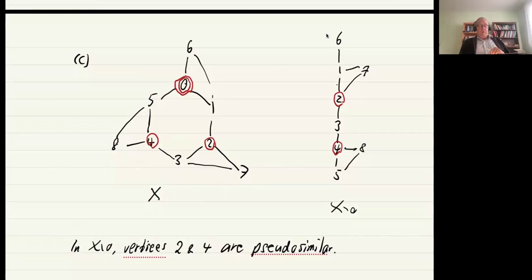Now, I think I've drawn it wrong on the right. So let me have another attempt. So deleted 0, 6 is adjacent to 1, 1 is adjacent to 2, and 3 is adjacent to 7. Oops, I want that right.